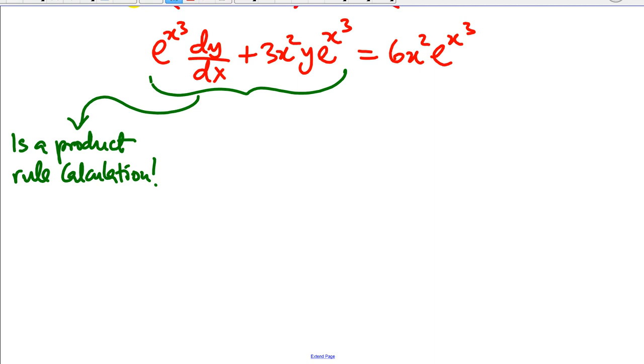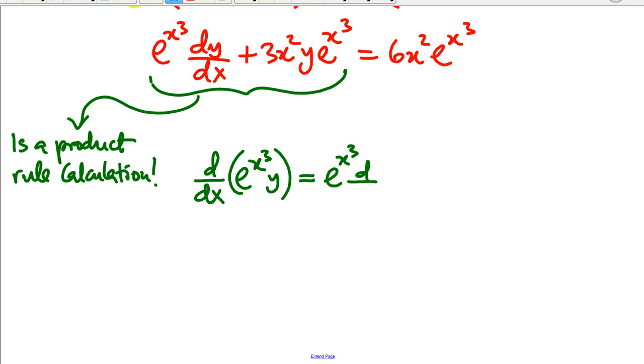Because if you find the derivative d over dx of, let me write it below here, d over dx of e to power x cubed times y, then that will be equal to e to power x cubed d over dx of y plus y d over dx of e to power x cubed.